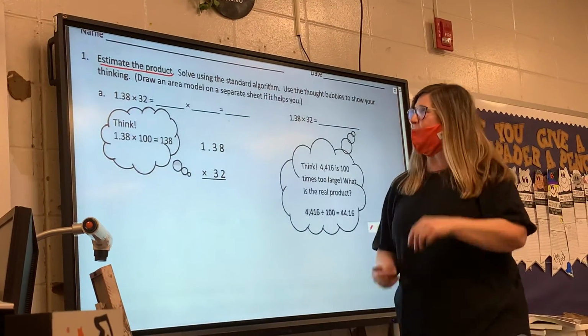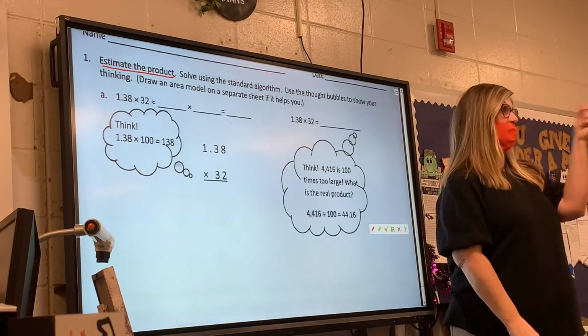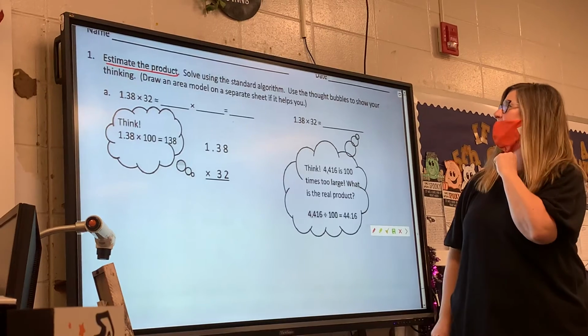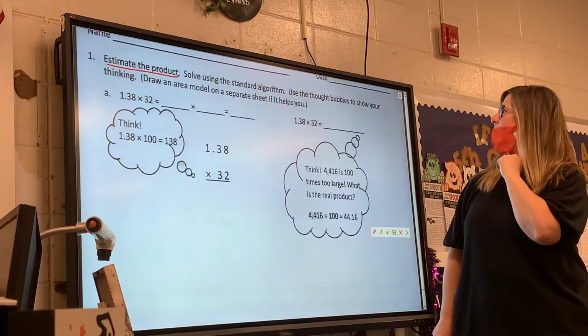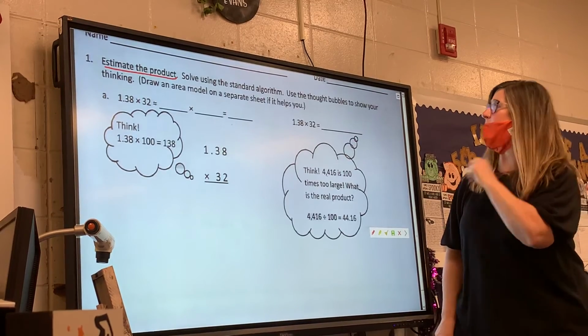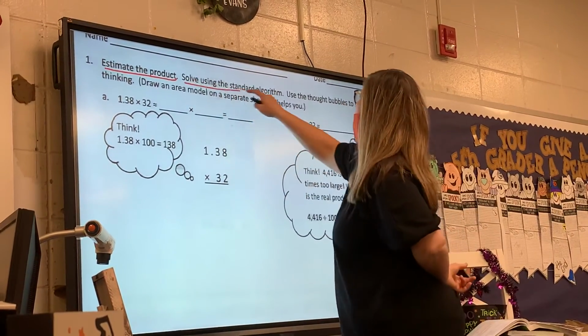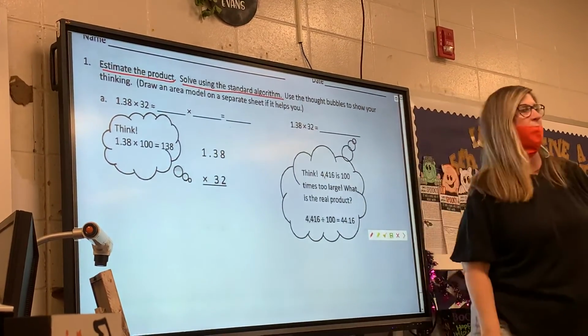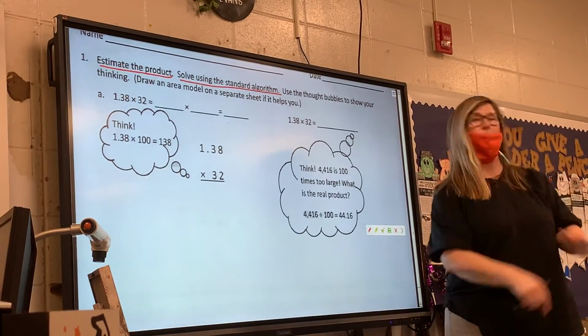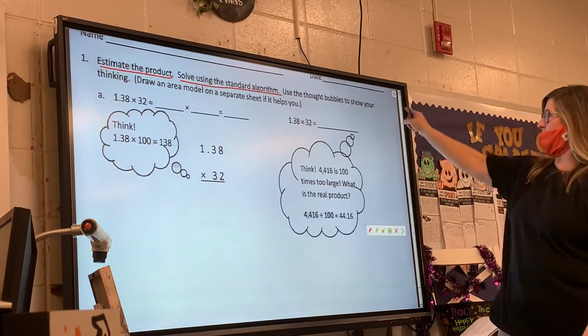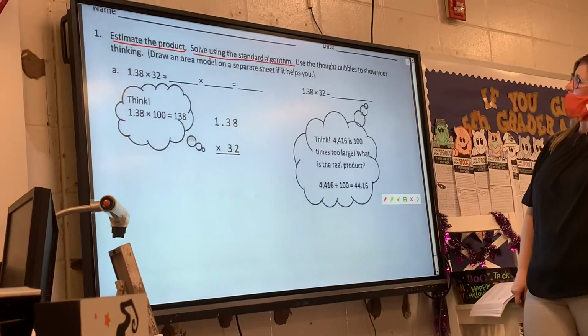All right, after I estimate the product, what does it say I also have to do? Asa. Solve using the what? Oh, guess what's out of there? The area model. It's gone. And it says use the thought bubbles to show your thinking.